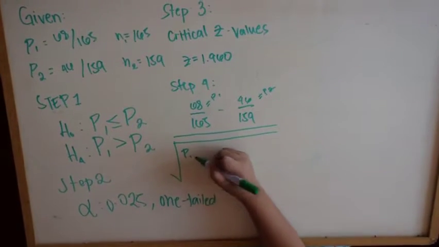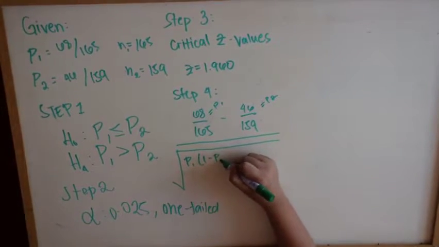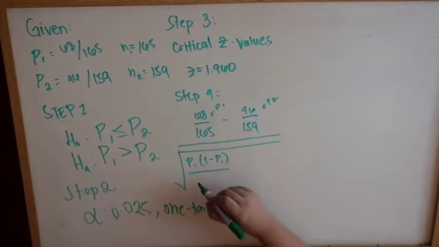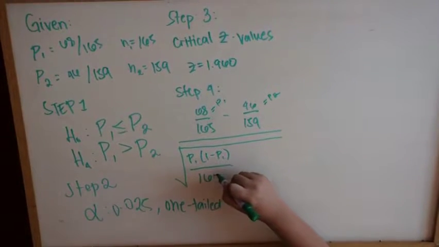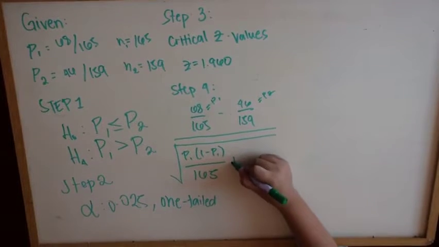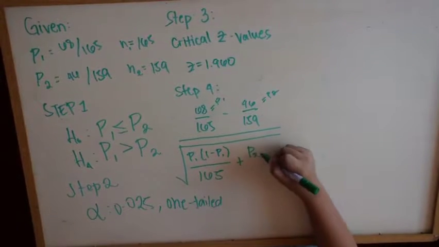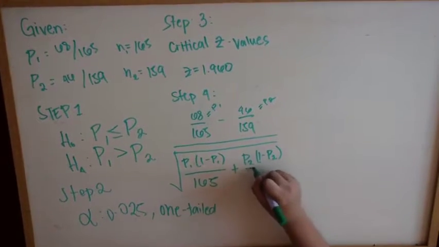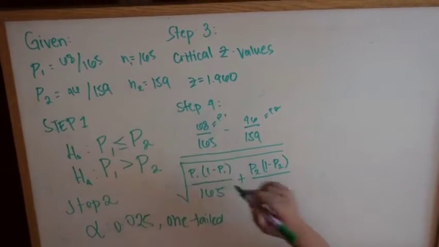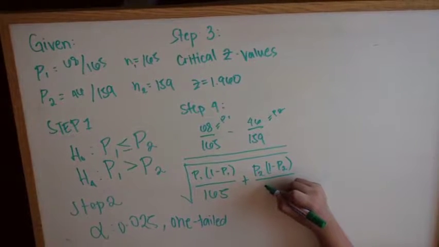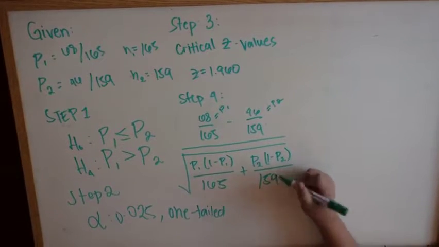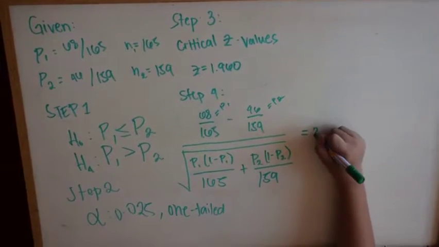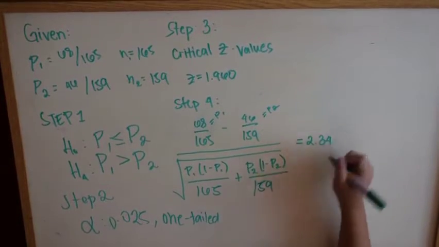So I have P1 times quantity 1 minus P1 over the first sample size, 165, and then we will add P2 times quantity 1 minus P2 over 159, the second sample size. After we input that in the calculator, we will get the answer of 2.34.